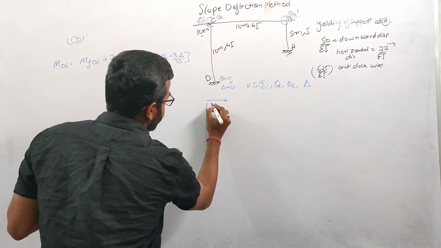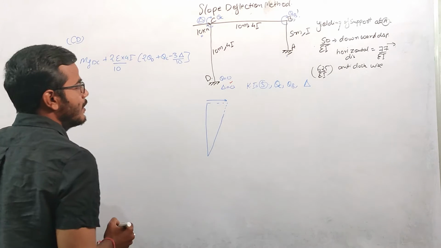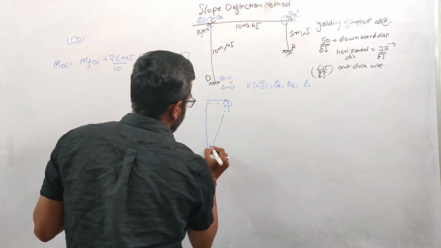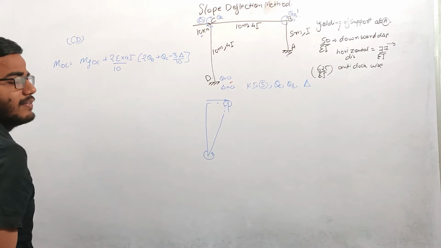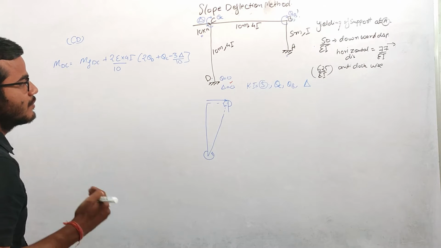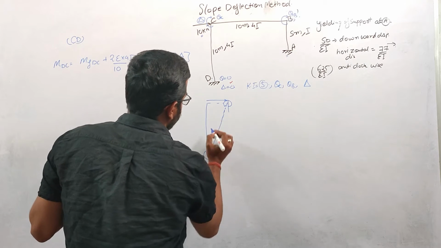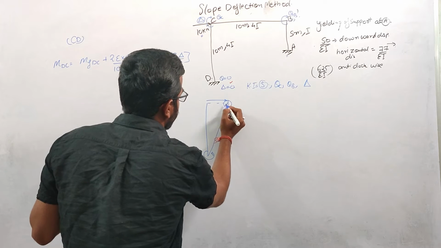After this sway, it will look like this when sway takes place, right? Now to maintain the zero slope at this end, there will be some anti-clockwise movement. This thing we have discussed in detail in the derivation of the slope deflection equation. When this part is moving relative to this part in the right direction, there will be anti-clockwise rotation.